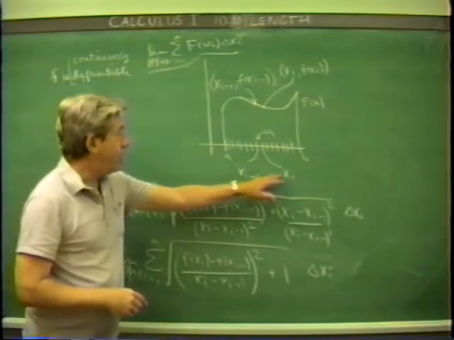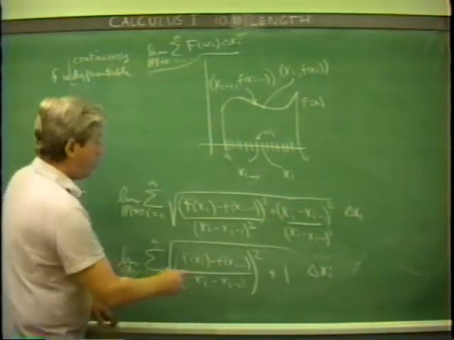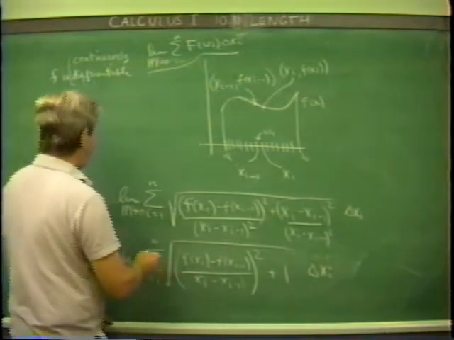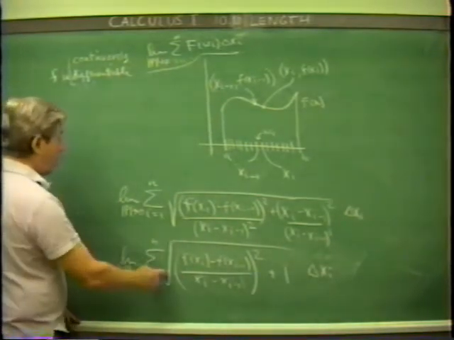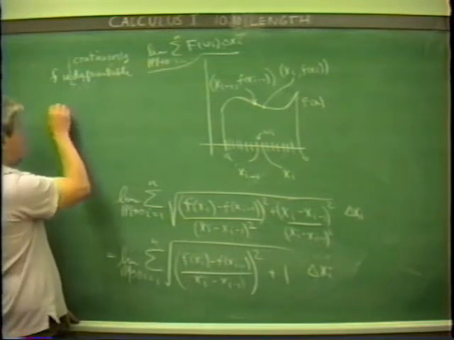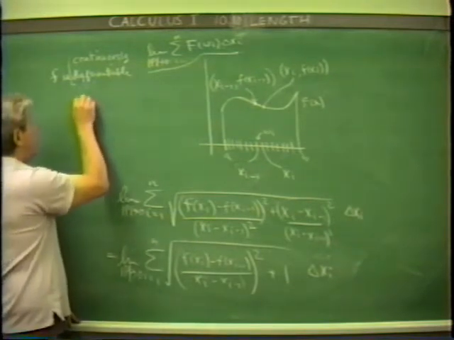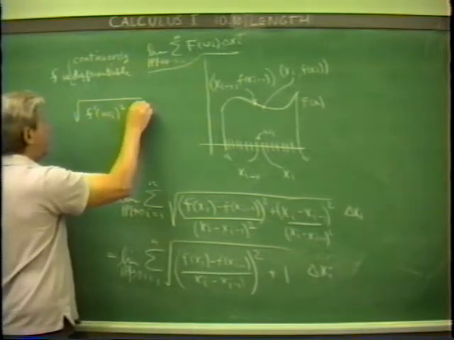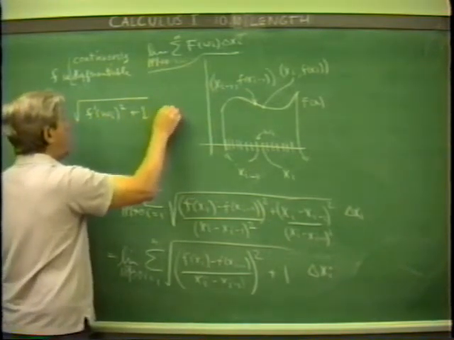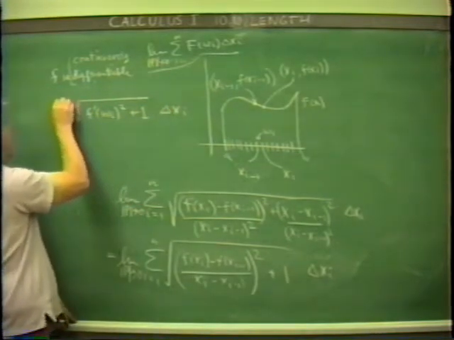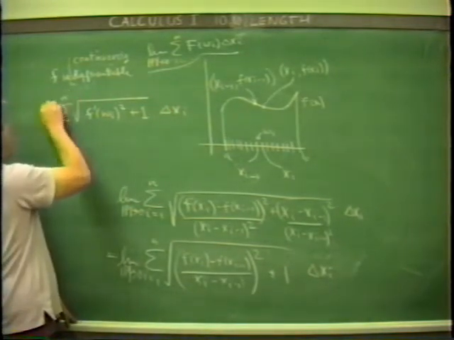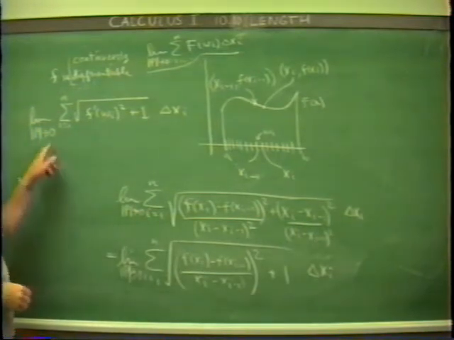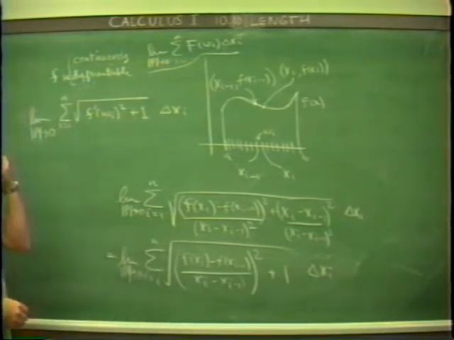And so we're going to choose a point w_i between x_{i-1} and x_i so that this is the derivative at w_i. This can be done by the mean value theorem. So that then this quantity right here is equal to the square root of f prime at w_i squared plus 1, delta x_i, sum i equals 1 through n, and the limit as the norm of the partition goes to 0.